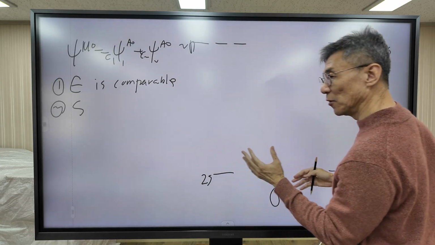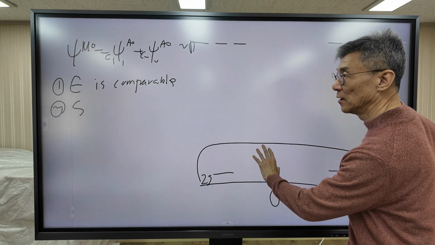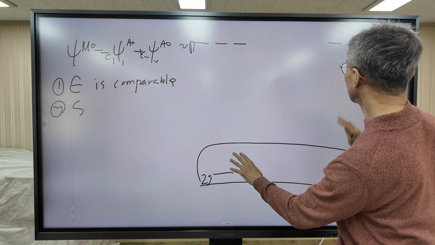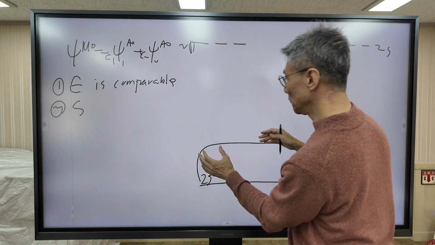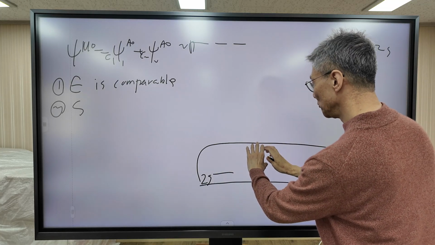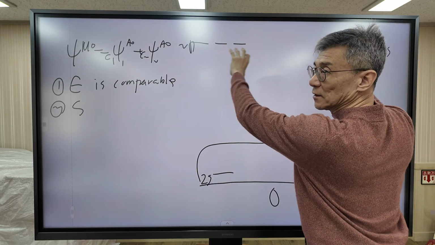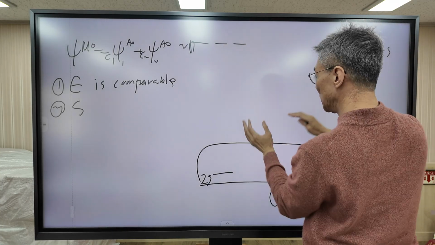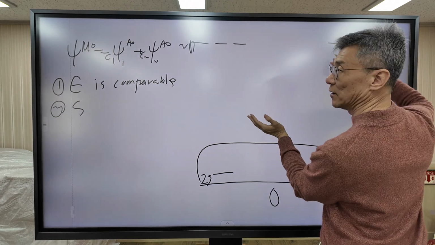So we can construct molecular orbitals where 2s only interacts with 2s, because the energy gap between 2s and 2p is very different. So you can construct molecular orbitals using only 2s. This is right, because the energy gap between 2s and 2p is very large.